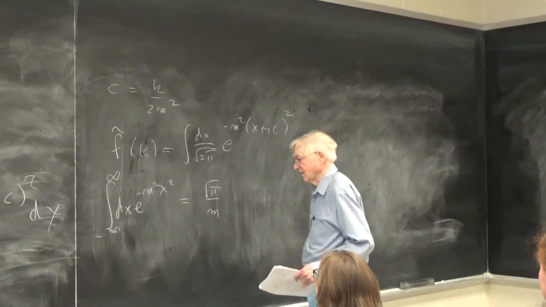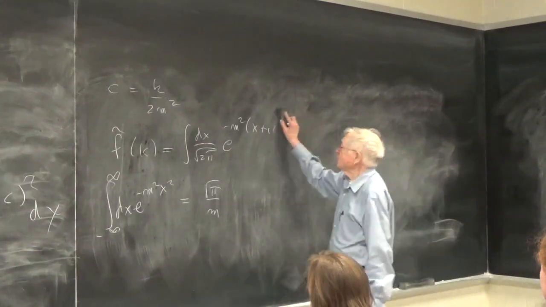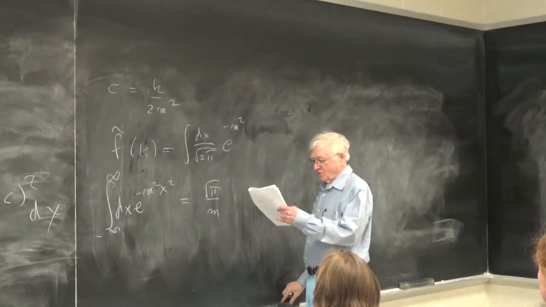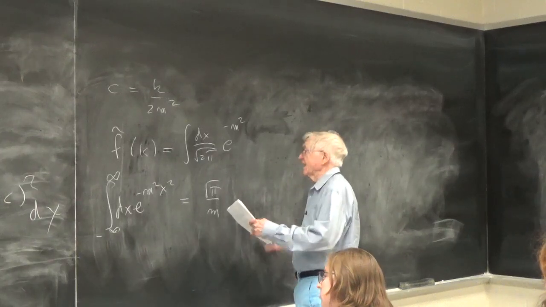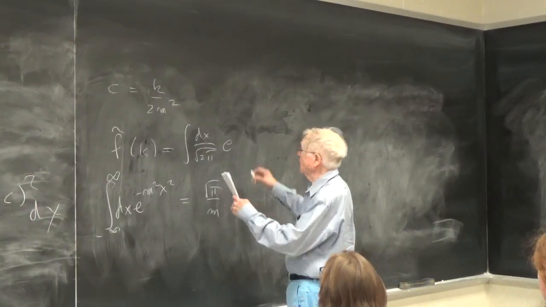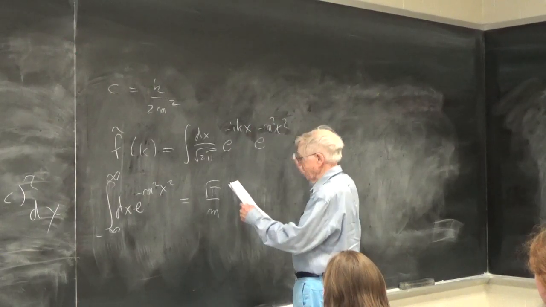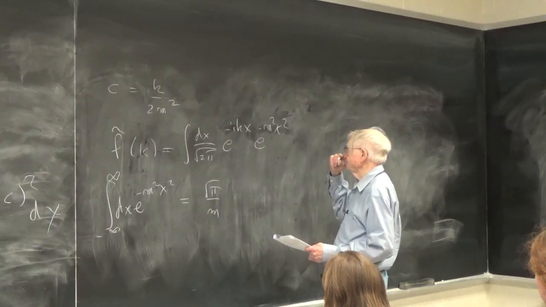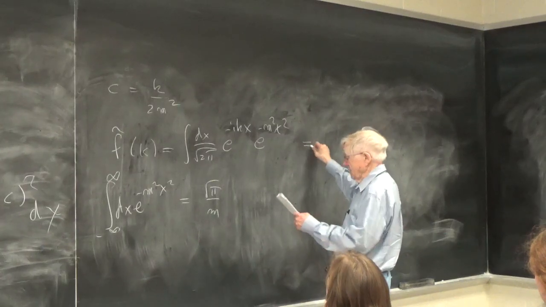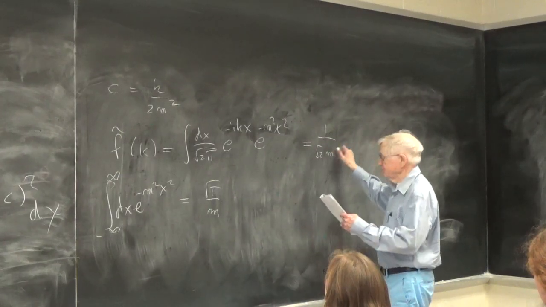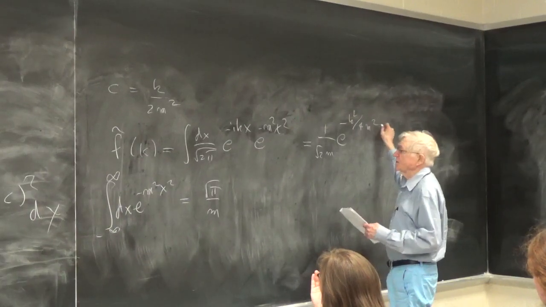Well, I'm trying to do it straight on the board, and then also, the actual definition of the Fourier transform, of course, has e to the minus i k x e to the minus m squared x squared, and this then is 1 over square root of 2 m e to the minus k squared over 4m squared.